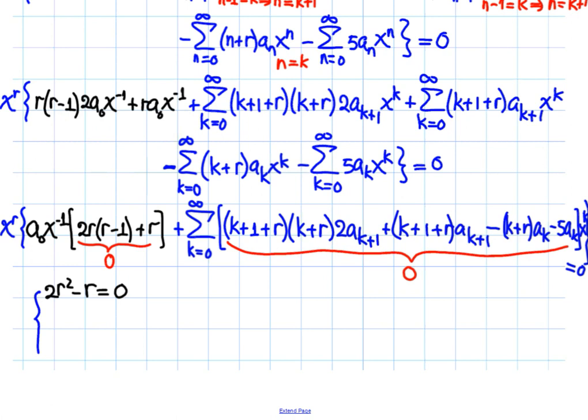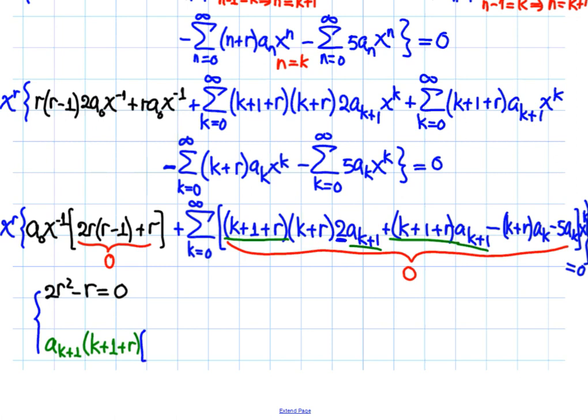And let's see if we can simplify anything here. So first, it looks like we can factor out a of k plus 1 here. So I factor out the common factor of a of k plus 1, k plus 1 plus r. Inside, don't forget there's a 2 here.